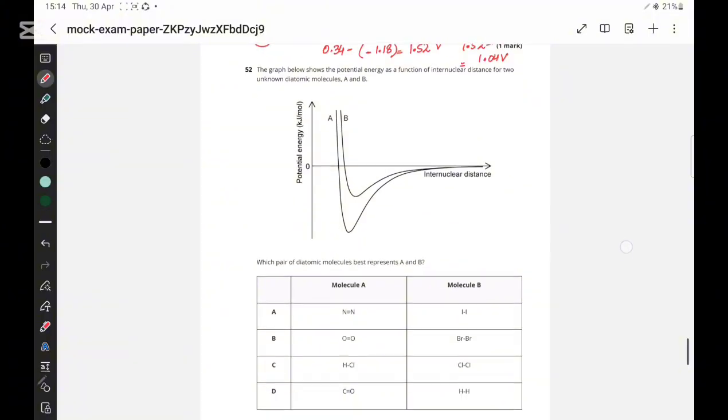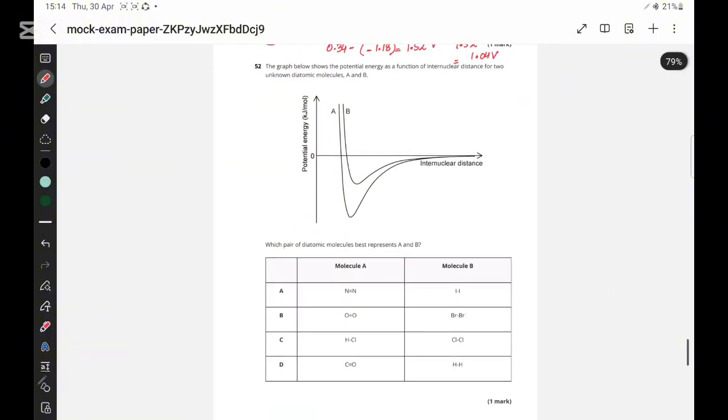The graph below shows the potential energy as a function of internuclear distance between two unknown diatomic molecules A and B. When you see nitrogen, it has a triple bond, so it has high bond energy. That means a lot of energy is required to break the bond first of all, and it is going to have a short bond length as well because of the triple bond.